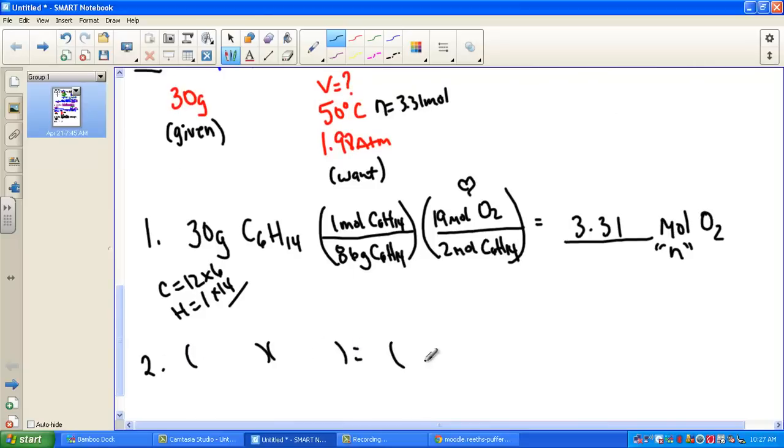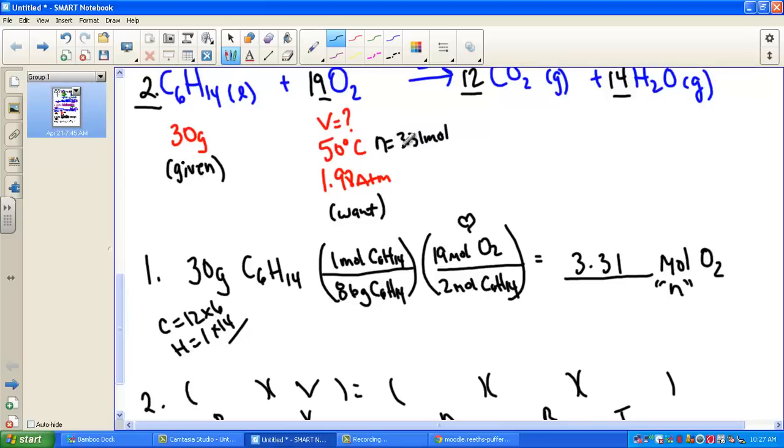I like to get my PV=nRT parentheses ready so I can just plunk in the correct values. I know PV equals nRT, and the target variable here is the volume that the oxygen is occupying. So I'll just know that volume is my target variable. Here's what the information said. The number of moles we just calculated, 3.31. There's the n value in PV=nRT.